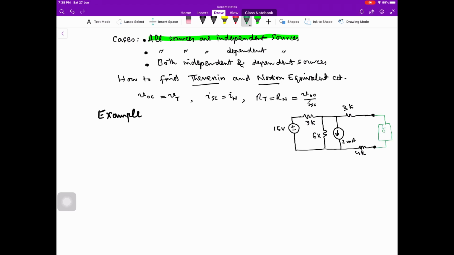We don't know at this stage whether the load is a single resistor or some combination of resistors, or it may be another circuit.